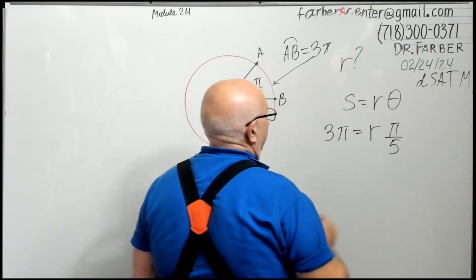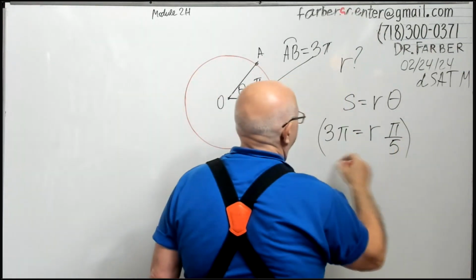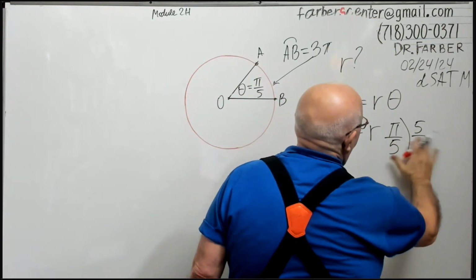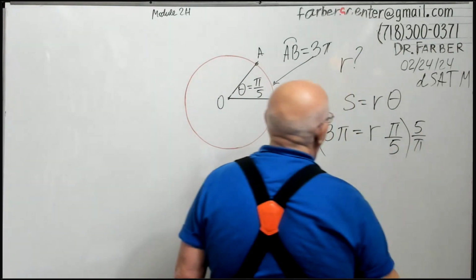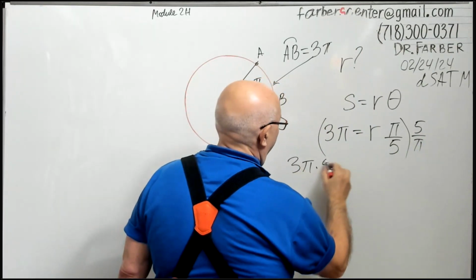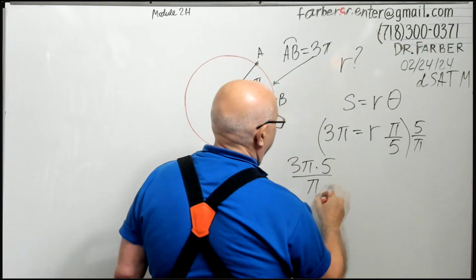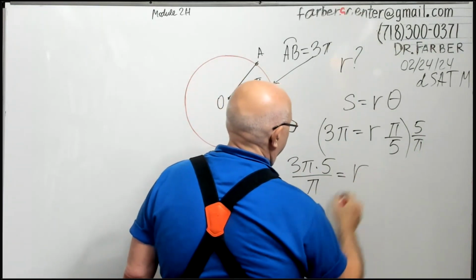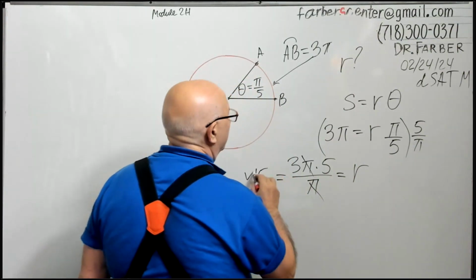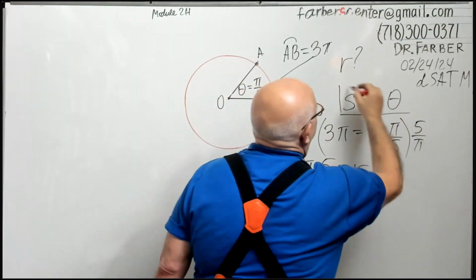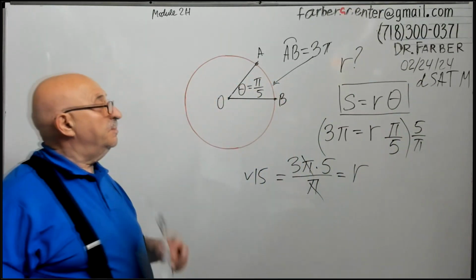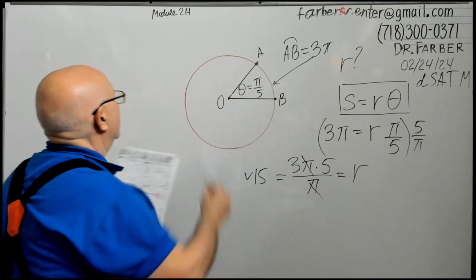Multiply both parts by 5 over pi, the reciprocal. And you get 3 pi times 5 over pi equals radius. Cancel, cancel, 3 times 5, 15. One line. This is a super beautiful formula for many questions. You can solve it semi-mentally. And this number was 19.